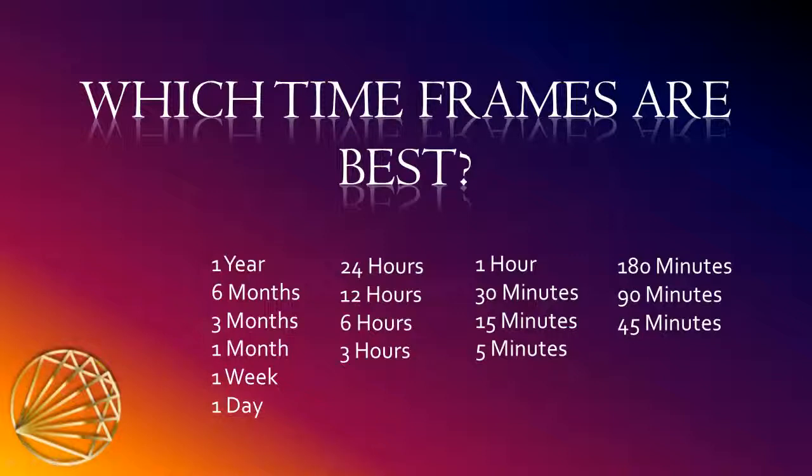Now, this might seem like a long, drawn-out process to determine which time frames are best, but we'll be revisiting this concept of taking numbers. Right now, we've been dividing and quartering time, and we'll do the same when we look at retracements and extensions and other technical analysis methods. We'll be using the same exercise to find out what the natural levels are that people look for support and resistance, and it's based on the same idea.